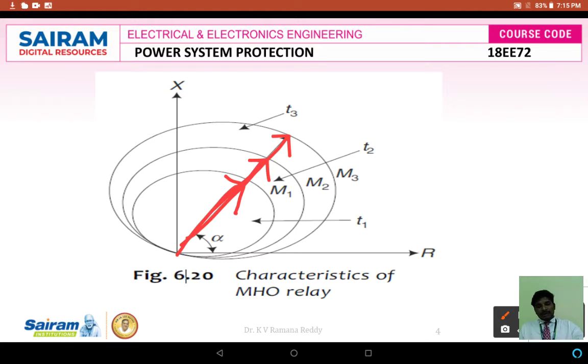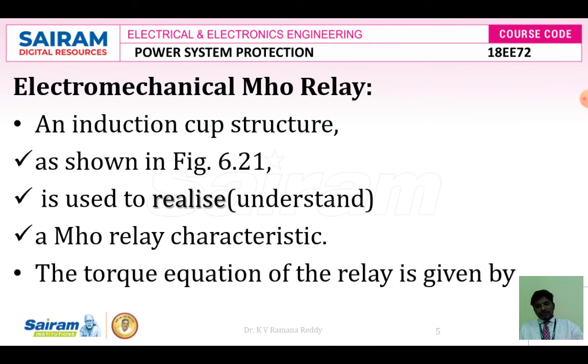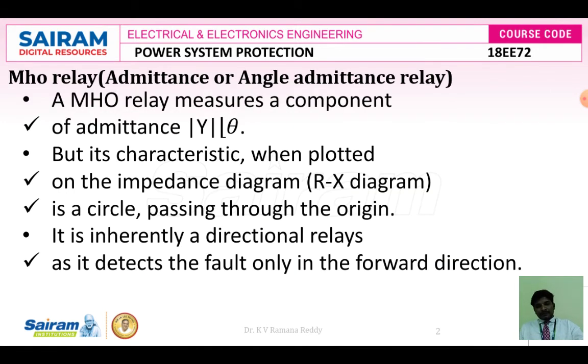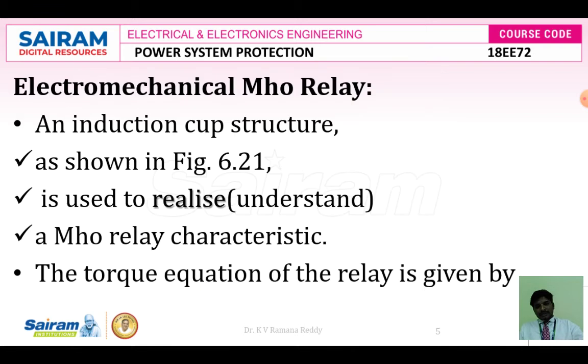Here alpha is the angle between the admittance and resistance. If the fault lies within curve 1, then the relay will function to trip the circuit breaker.